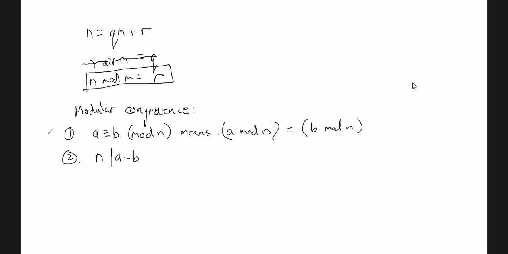I started with this one since it harkens right back to the division algorithm, and then I proved this one, but your book starts with this one and proves this one. Just be aware of both definitions.